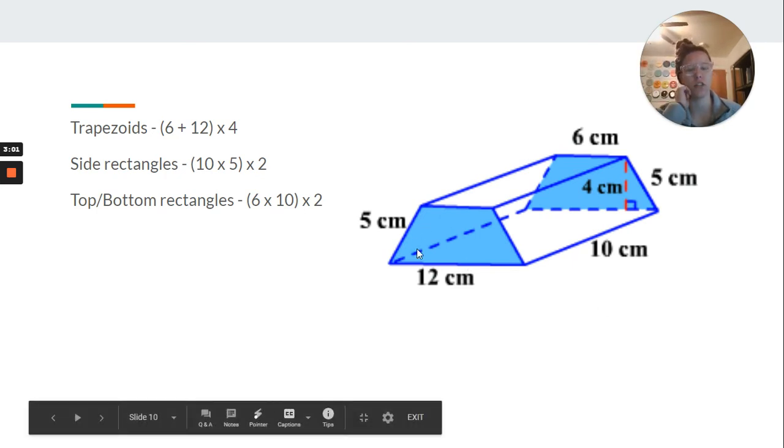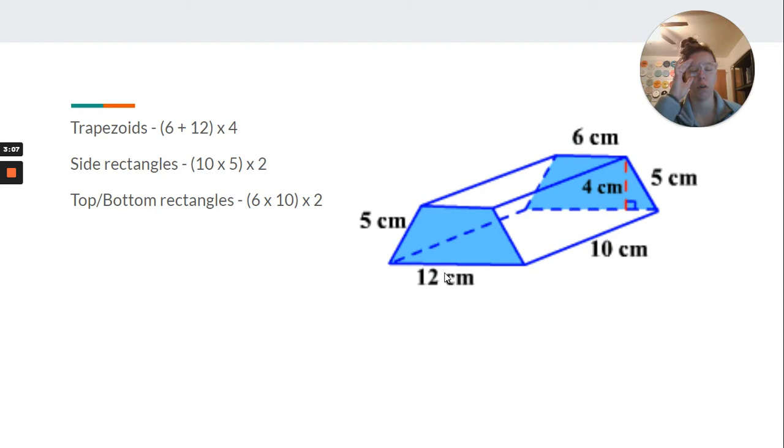So we first find what the two trapezoids are. If you remember the formula for trapezoids, it's base 1 plus base 2 times the height. So we have 6, we have 12 times 4, which is the height.